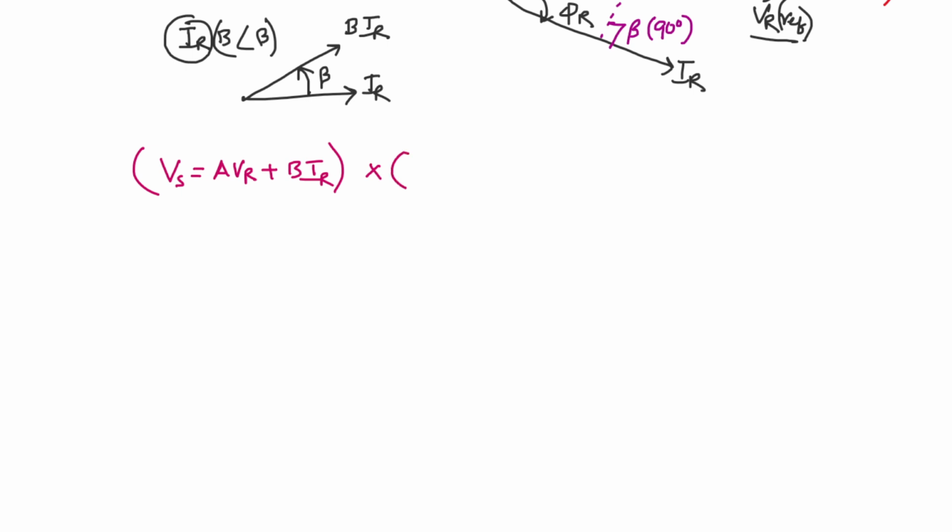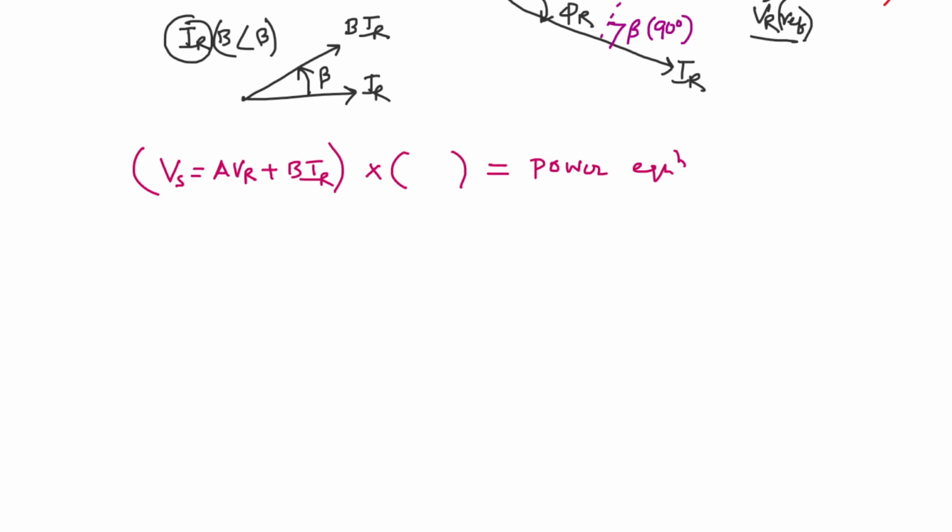We need to multiply this equation with something to get a power equation. That means we should deal with all quantities that are either power or have a dimension of power.